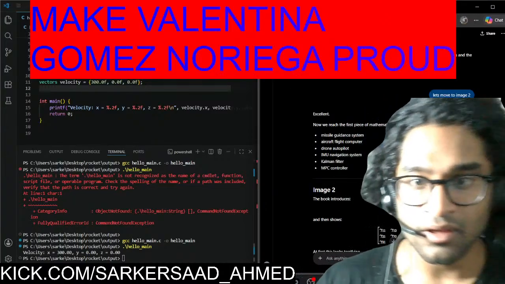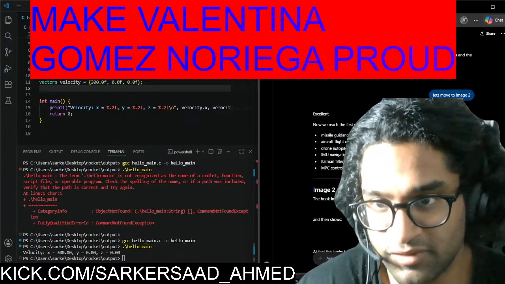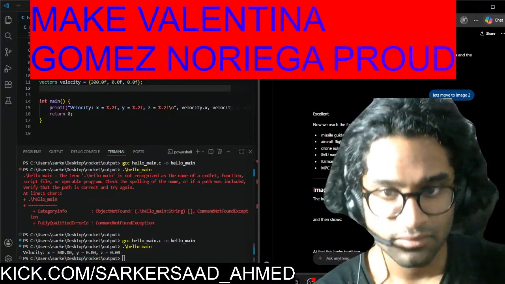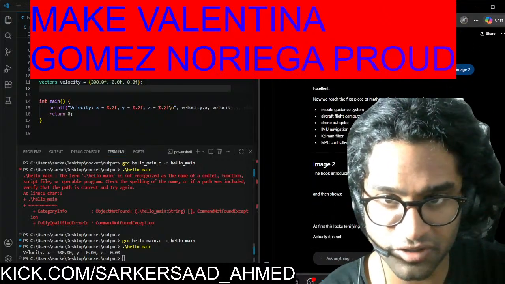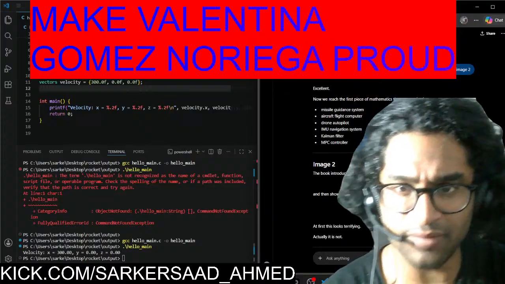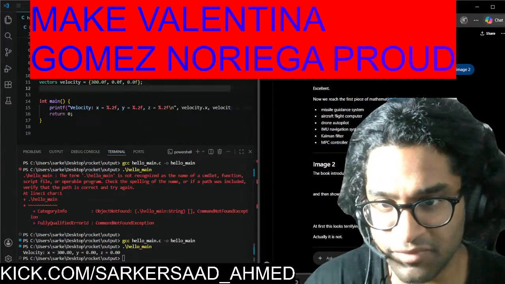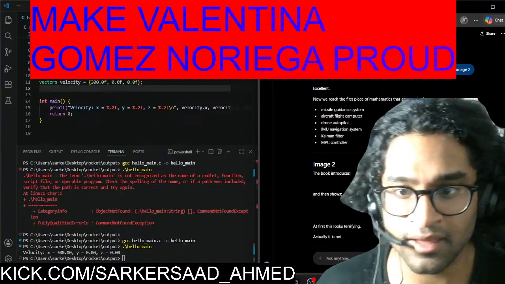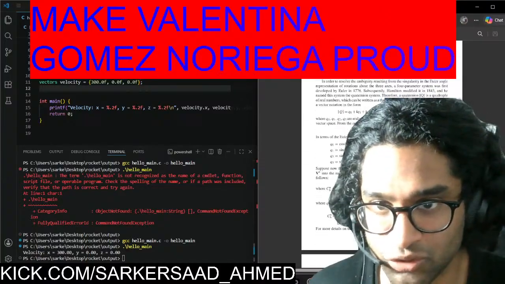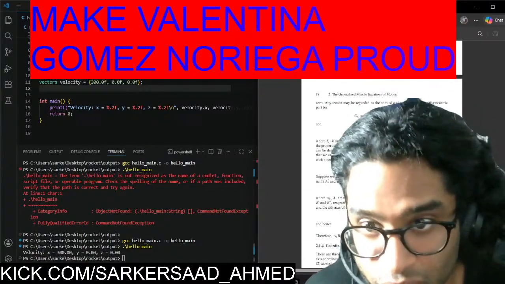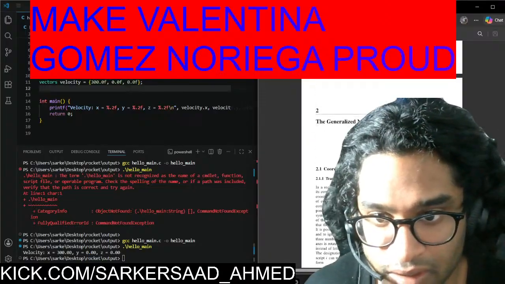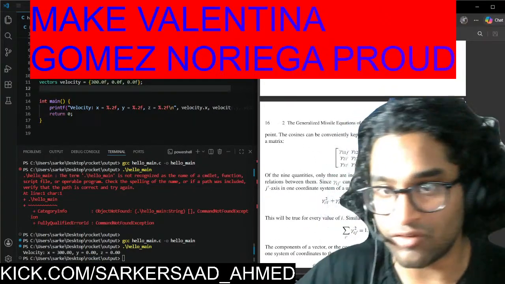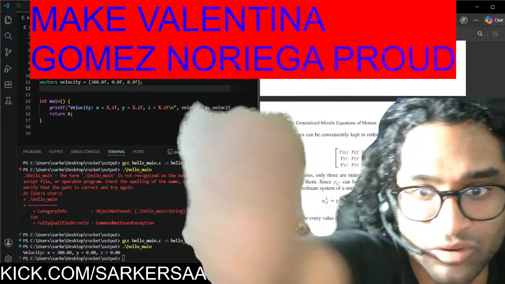All right. Now we reach the first piece of math that appears in almost every missile guidance system, aircraft flight computer, drone autopilot, IMU navigation system, Kalman filter, and MPC control. So the book introduces gamma of i, j: gamma of 1,1, gamma of 1,2, gamma of 1,3, and so on.